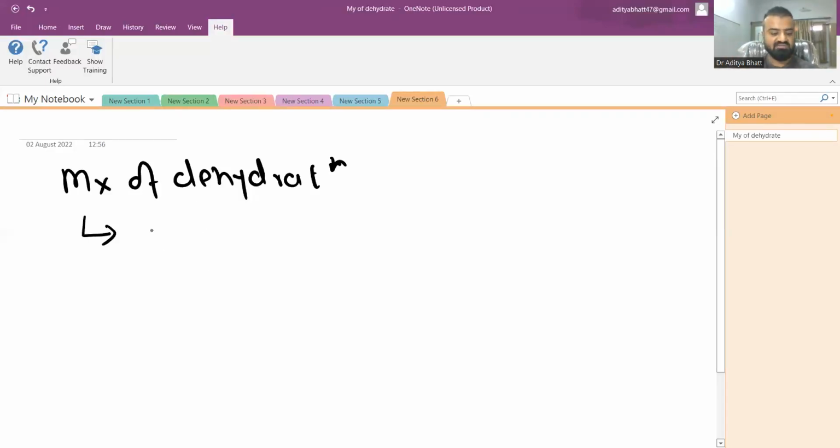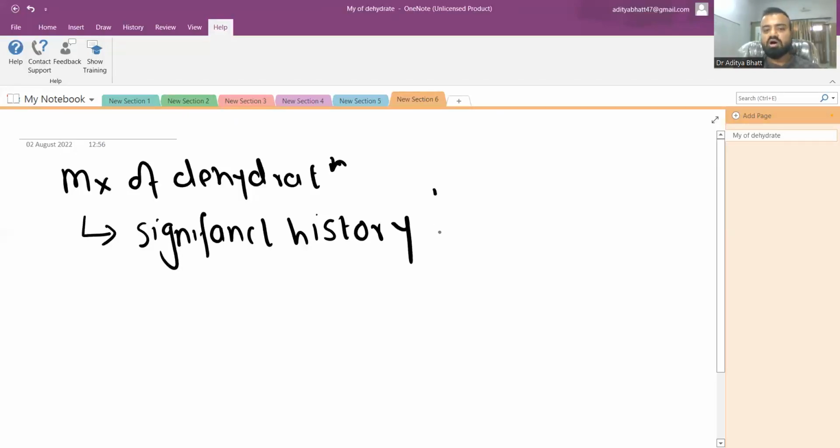It is very important to fulfill at least these things before you can say that there is significant dehydration: the mother gives a significant history of diarrhea, or the mother gives a significant change in appearance.